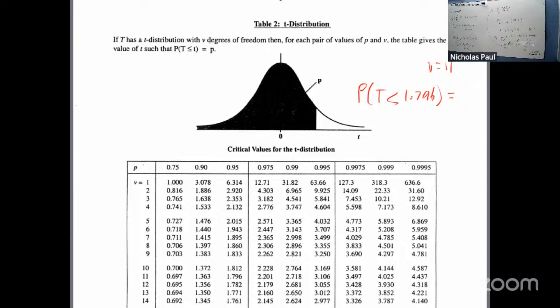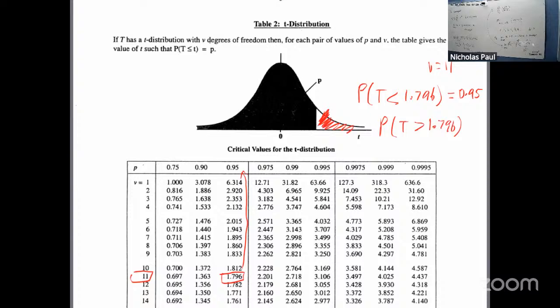Take your time, look for 11 degrees of freedom. You're looking in that row, 1.796. So the probability is 0.95. Nice. Okay, so what do you think will be the probability of t is more than 1.796? That'll be this shaded region here.